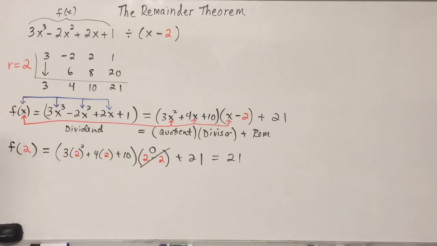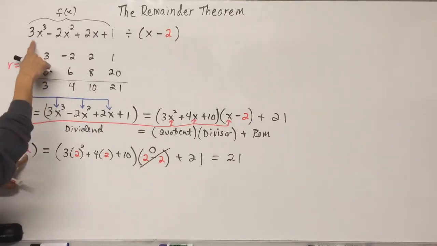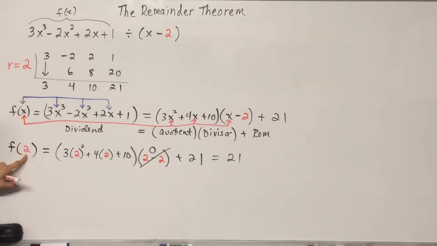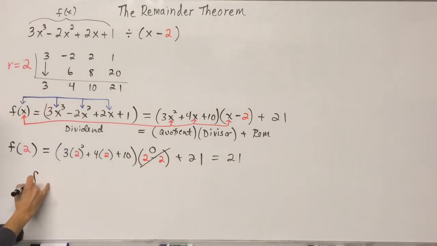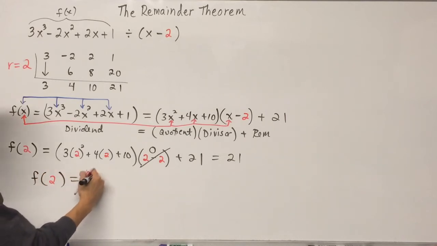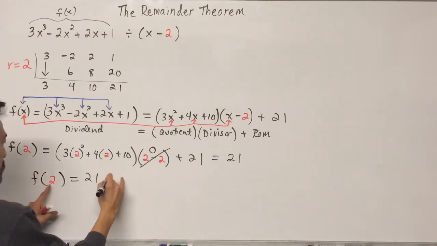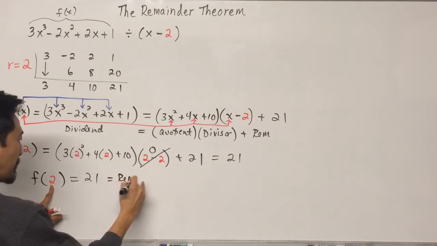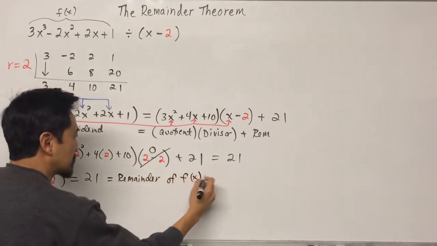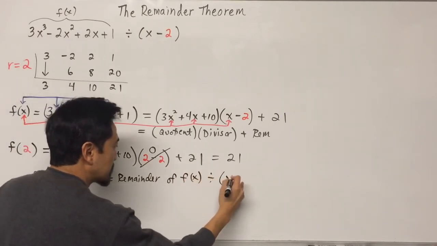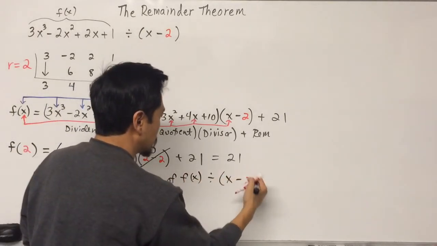So, plugging in 2 into the dividend here, the polynomial up above, gave us an output of 21, okay? So what this is showing us is that f of 2, which is equal to 21, was simply equal to the remainder of f of x divided by x minus 2.